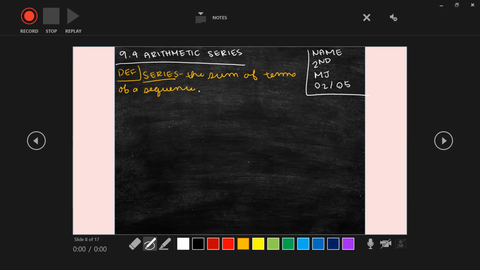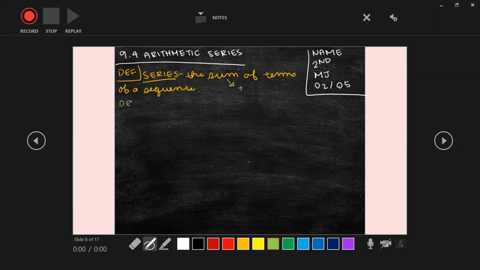So what does sum mean? Addition. So you're going to be adding up all the terms in a sequence.